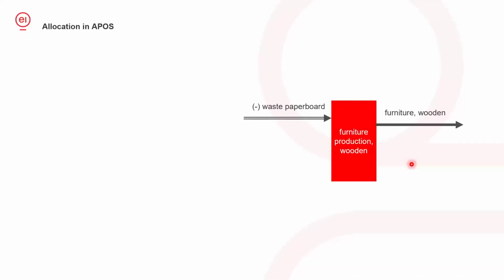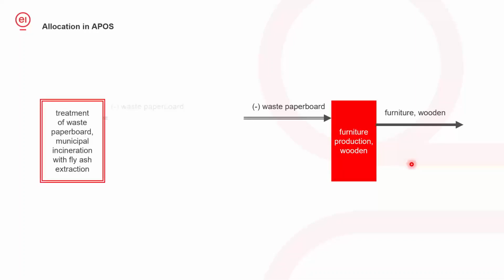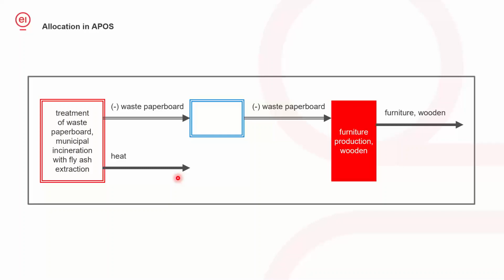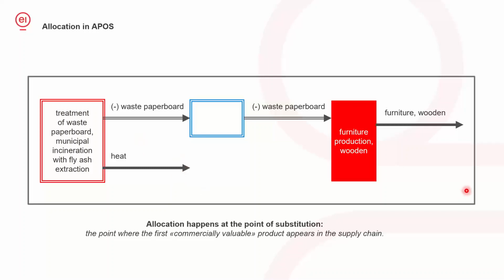So again, in the example of furniture production wooden, here we have the supply chain as we saw it: the furniture production produces waste paperboard, and there is the treatment of waste paperboard that produces heat. Heat is a valuable product. And all this is the expanded system. Allocation will happen at the point of substitution.